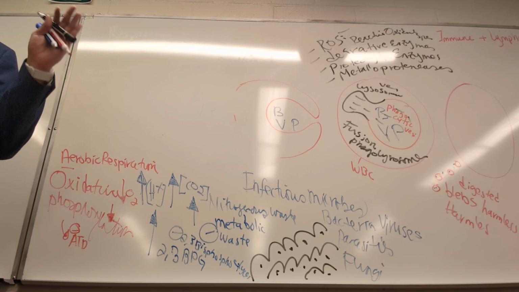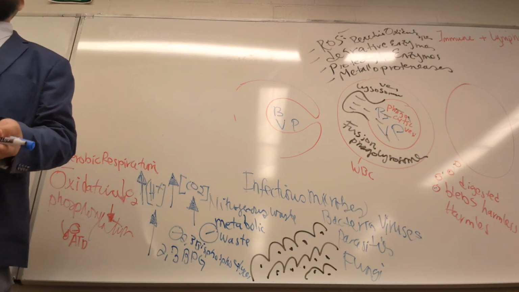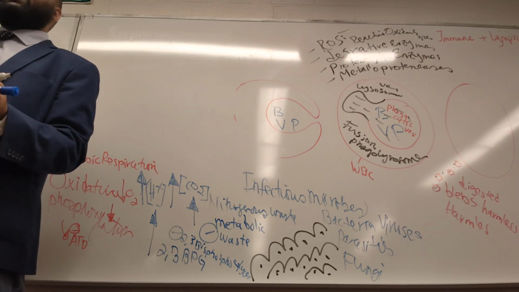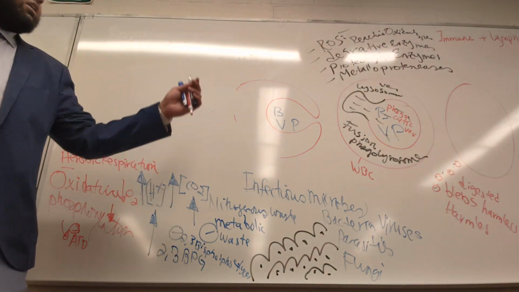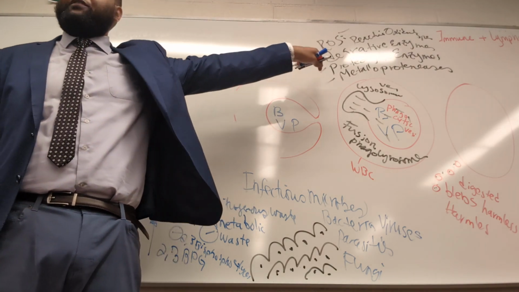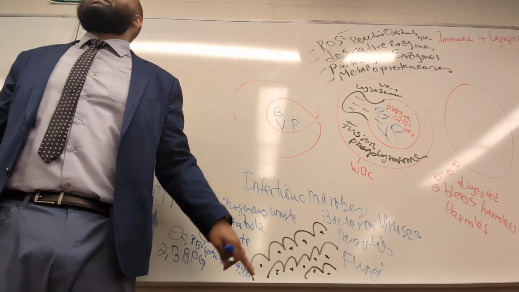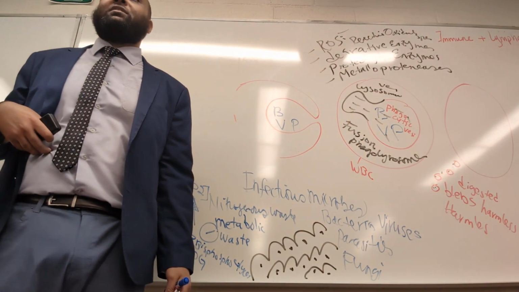When you have too much carbon dioxide, when you have too little oxygen, when you have too much acidity, when you have high temperature, these are all different kinds of stress. High reactive oxidative species, like drinking too much alcohol. So now the reactive oxidative species that's supposed to be used to destroy the microbe is going to be destroying your own liver and causing alcoholic liver disease.